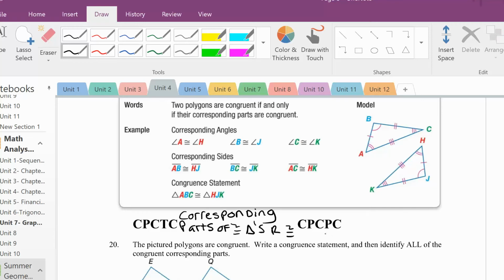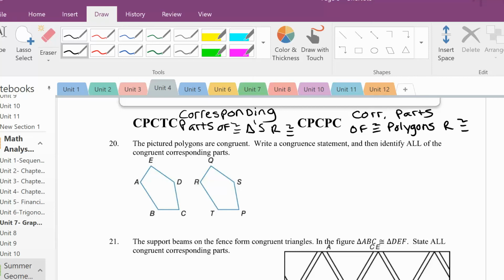Or if it's just a polygon in general, this is specific to triangles, but corresponding parts of congruent polygons are congruent. So you either have CPCTC if it's a triangle, or you have CPCPC if it's a polygon, any other thing but a triangle.